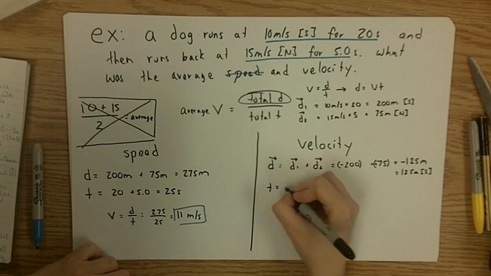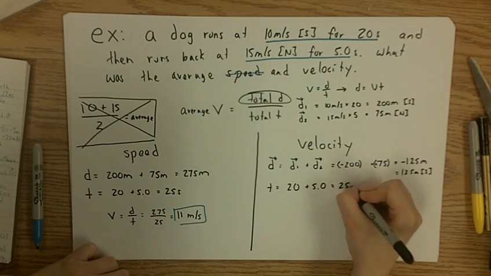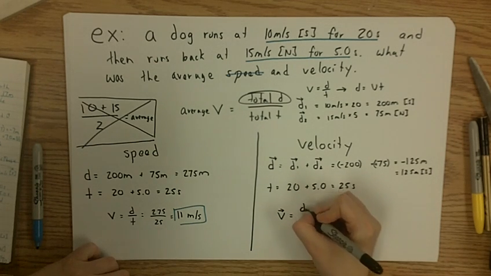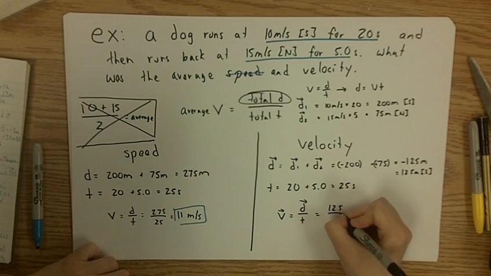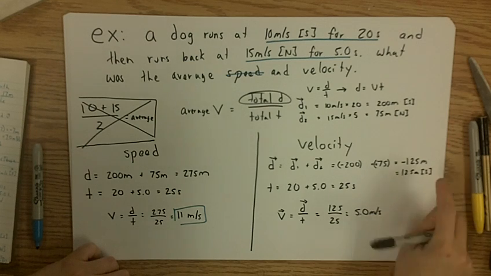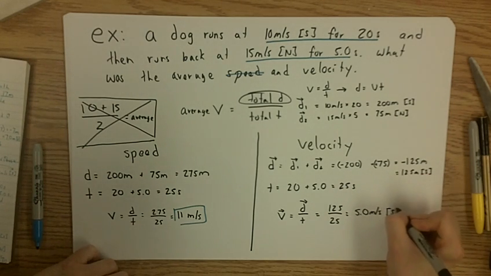The time is still the same. It's still 20 plus 5 makes 25 seconds. The velocity is equal to the displacement over time, which is 125 divided by 25, which equals 5.0 meters per second. We give it the same direction as our displacement, so it's south.